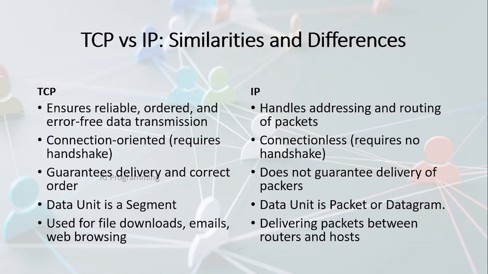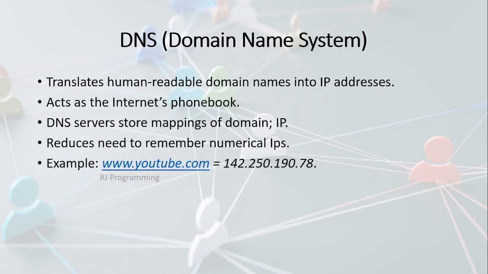TCP ensures reliability, making sure every piece of data arrives in order, while IP is more about logistics, getting the package to the right place. You can think of IP like the postal service that delivers envelopes, and TCP as the system ensuring that all the letters arrive and are arranged correctly. For example, during a file download, IP delivers each packet and TCP ensures none are lost or out of sequence. You can look at more differences on the screen, and we'll move on to DNS, or domain name system.